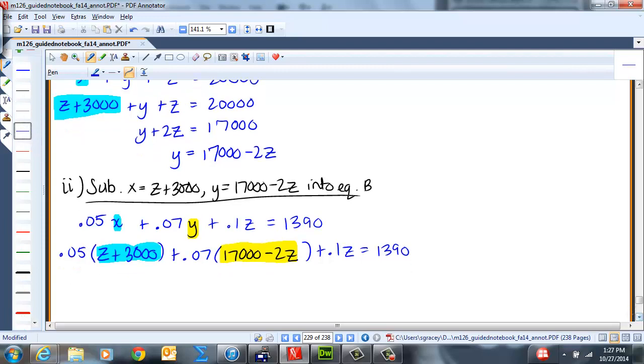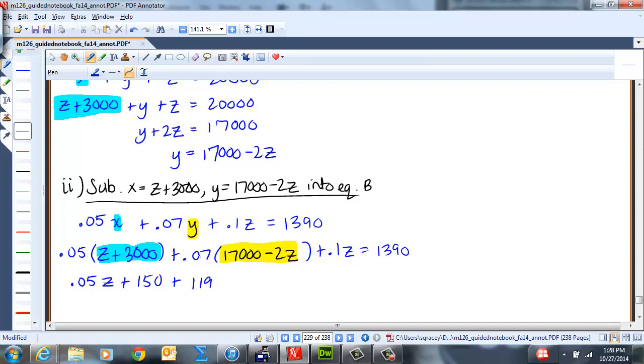So 0.05 times Z plus, I believe that'll give us 150. Yeah, 10% of 3,000 is 300, and half of that is 150. And then plus, I think we'll have 119, maybe. 7 times 7 is 49. Yeah, 119.